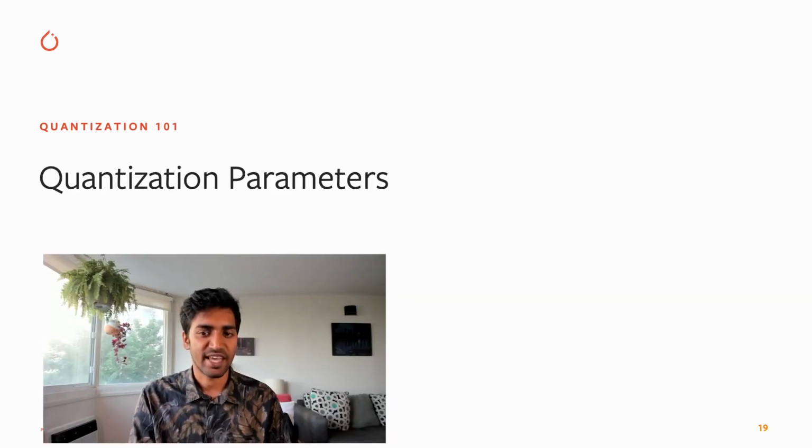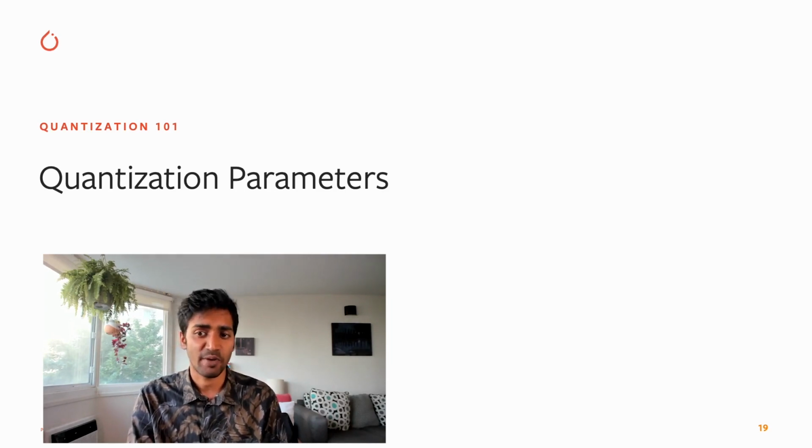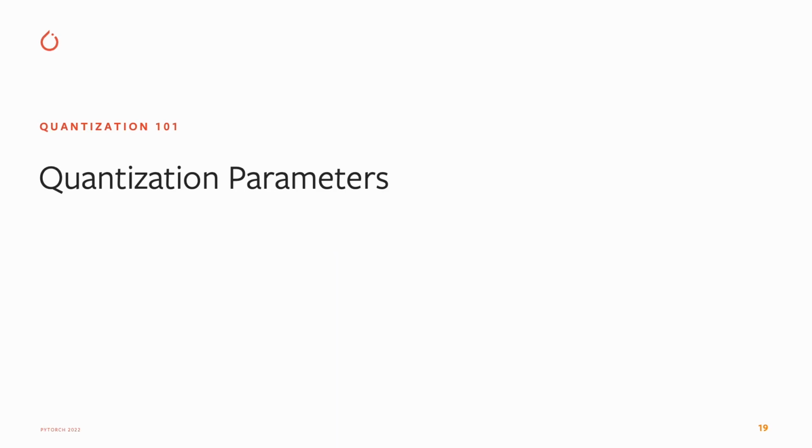This naturally brings us to the next segment of the talk, quantization parameters or Q params. So S and Z are collectively called the Q params. S is the scaling factor. This parameter quantifies the ratio of your input range to your output range.